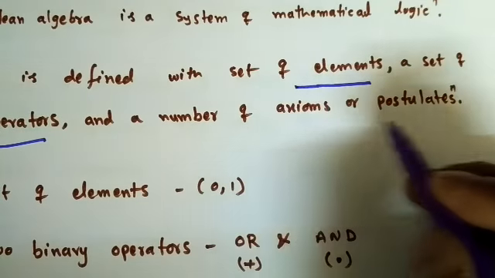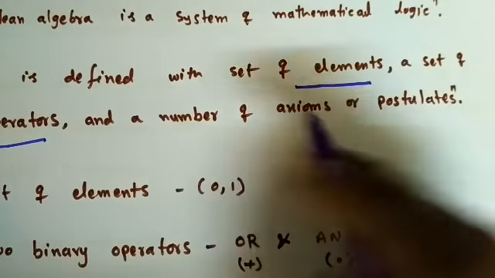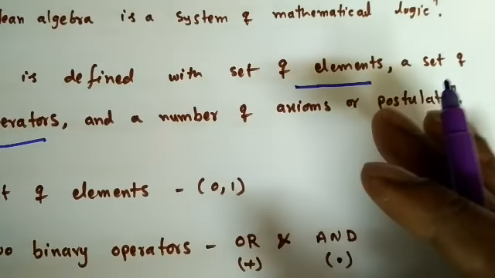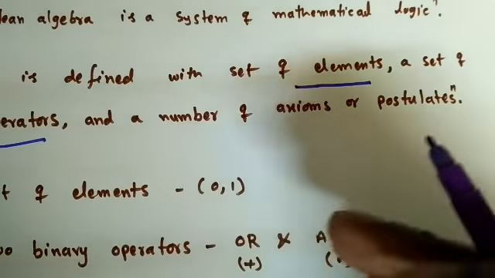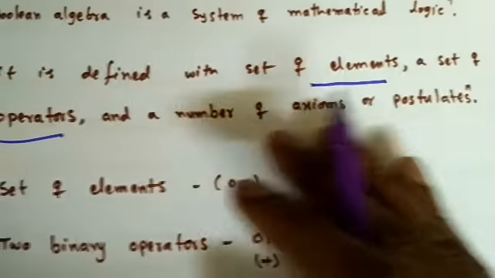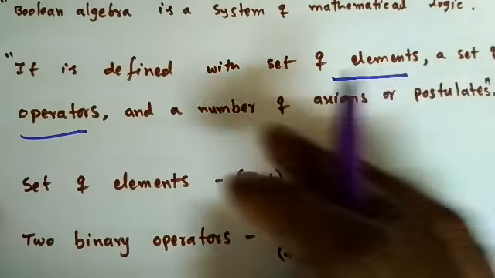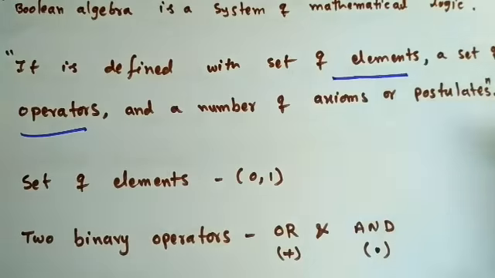These are the definitions we need to follow. When we follow these postulates or axioms, we can build and analyze bigger logic functions. So we have to use elements, operators, and these axioms. We can simply say theorems also, no problem.